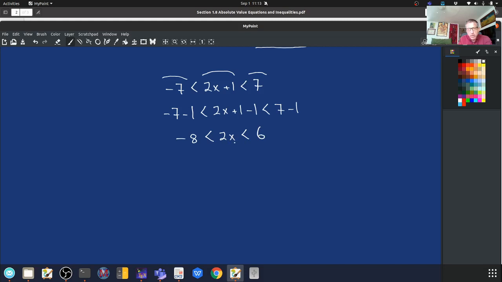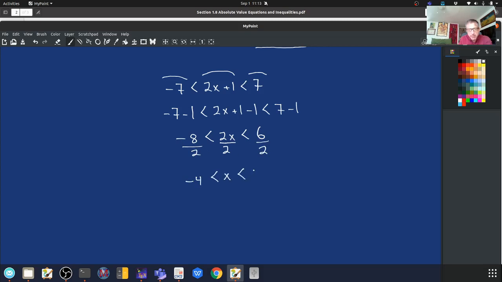So now I want to just get a single x. So again, we have to be careful. The coefficient of x is positive, so I can divide through all three parts by 2. And I get minus 8 divided by 2 is minus 4. 2x divided by 2 is x.